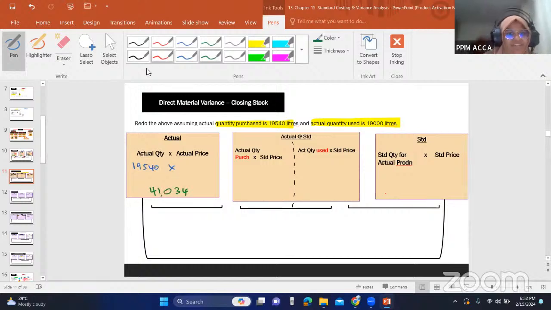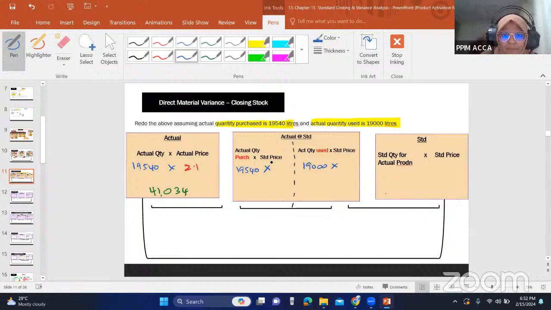Based on this, we can get the actual price, which is 2.1. Actual quantity purchased, we know it is 19,540. Let's put the figures that are straight away available. Actual quantity used, we know it is 19,000.